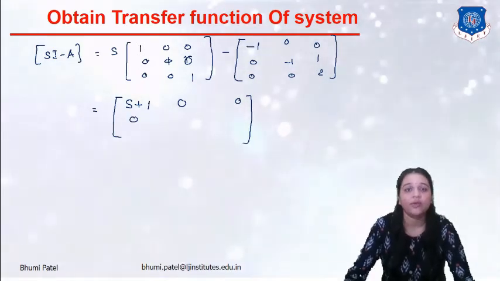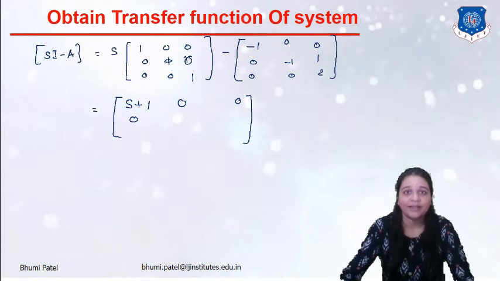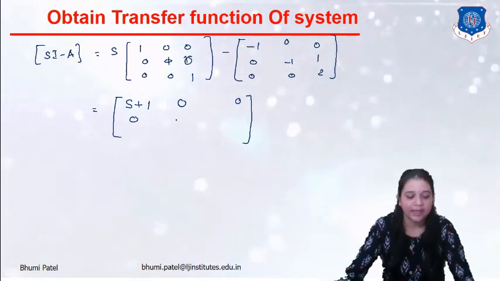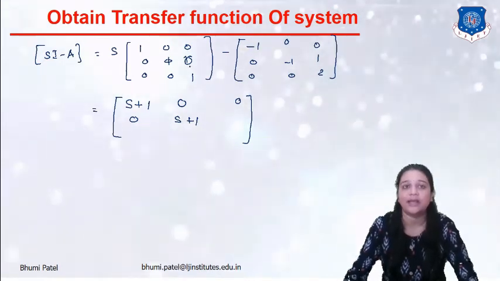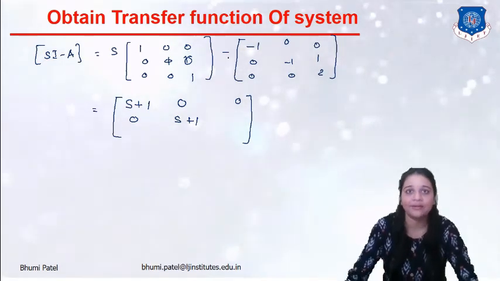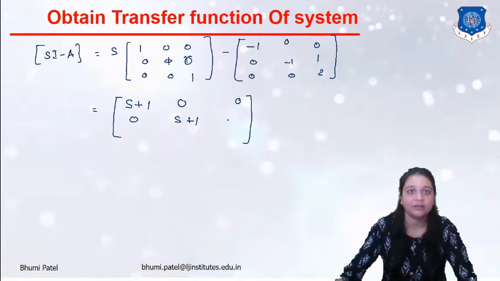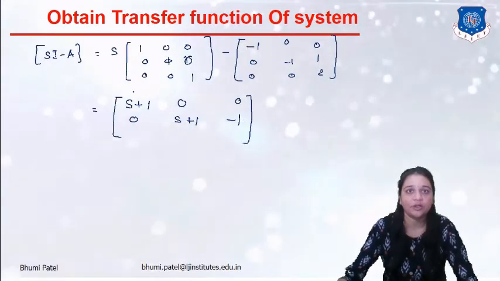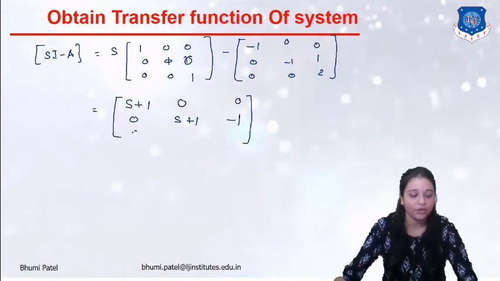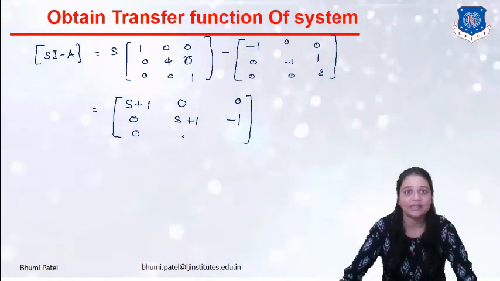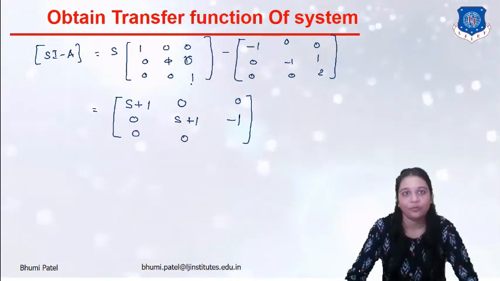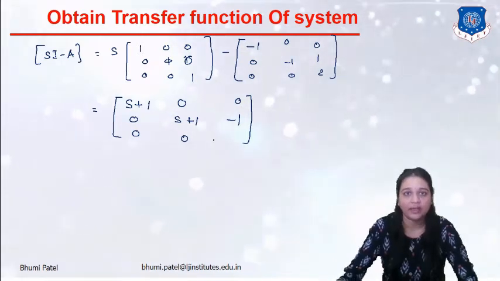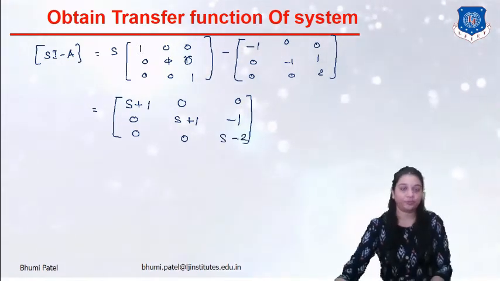S into 1 minus minus 1 means S plus 1. Then S into 0 is 0 minus 1, so it is minus 1. Now 0 minus 0 is equal to 0, so 0, 0, and the last step is S into 1 minus 2, so we get S minus 2.